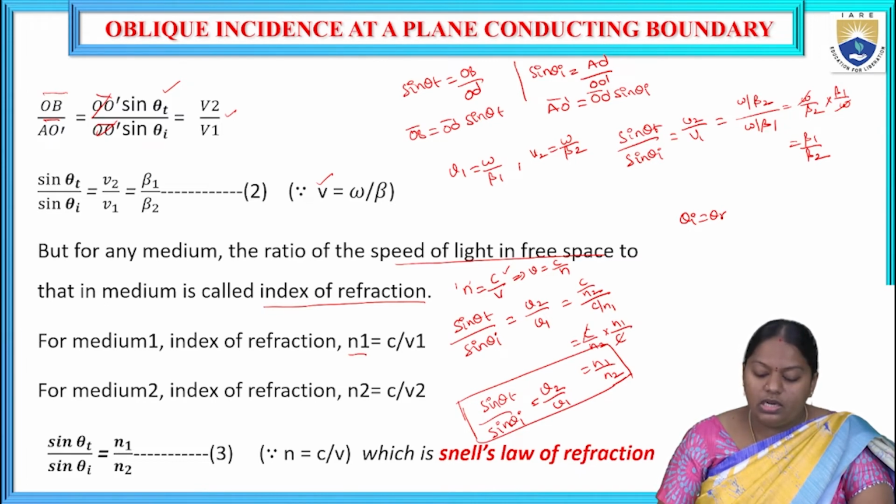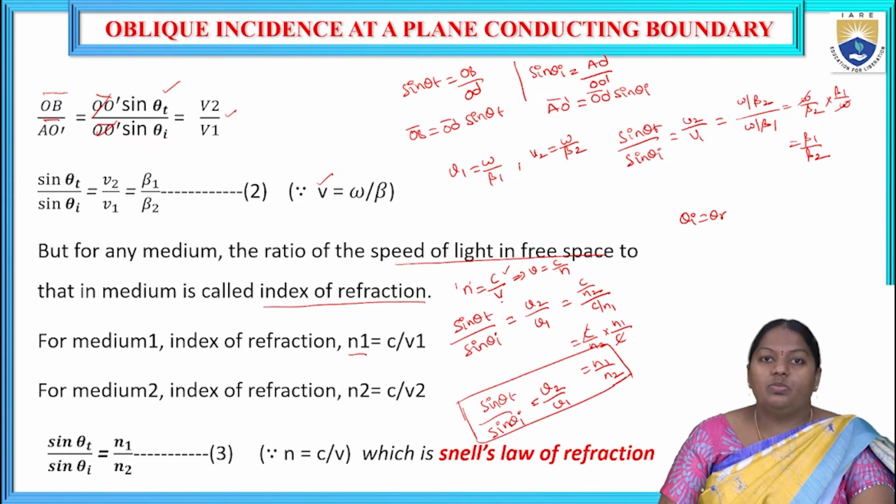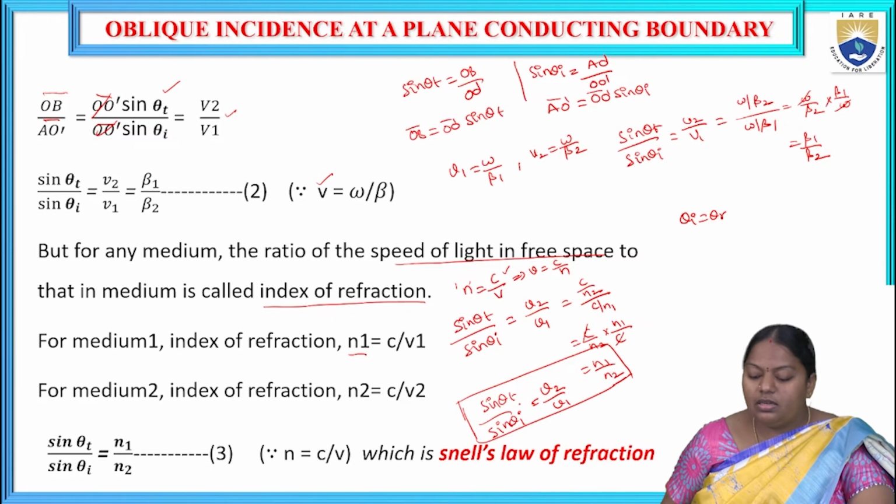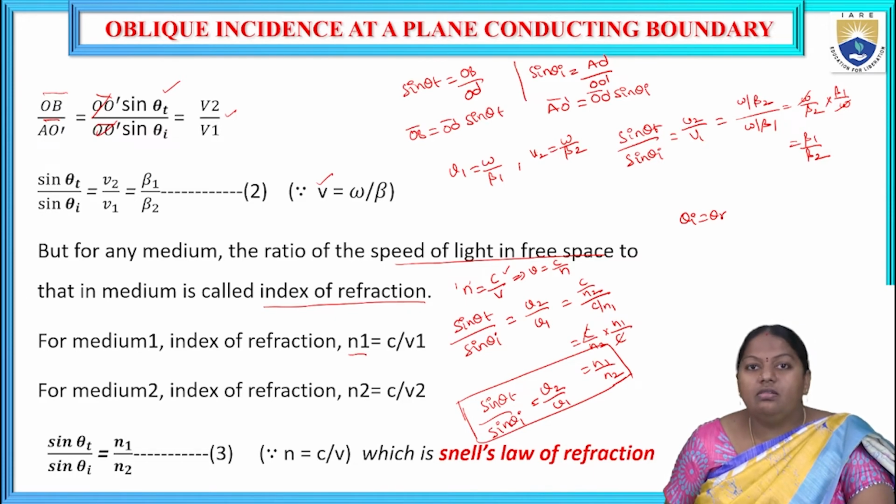As we know, the index of refraction is represented by n, and it is given by the ratio of the velocity of light in free space to the velocity of light in that particular medium, right? So sine theta t by sine theta i equals v2 by v1 equals n1 by n2.